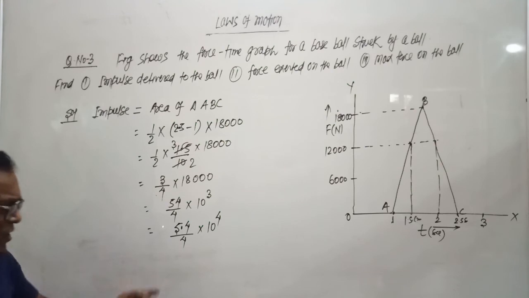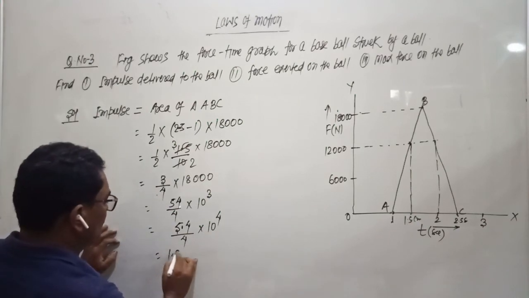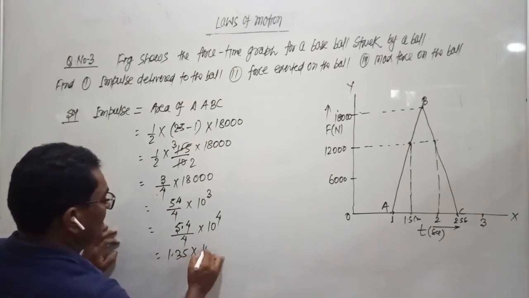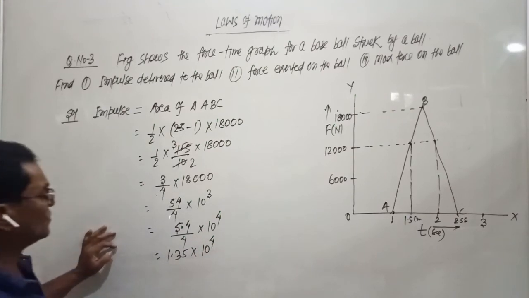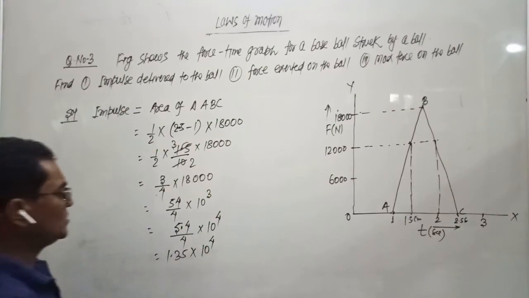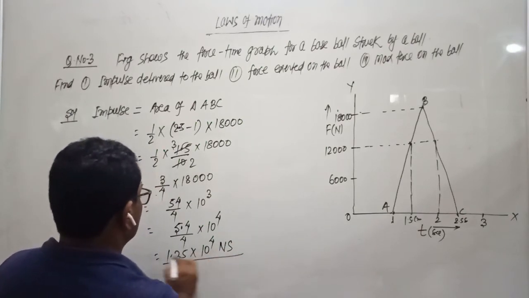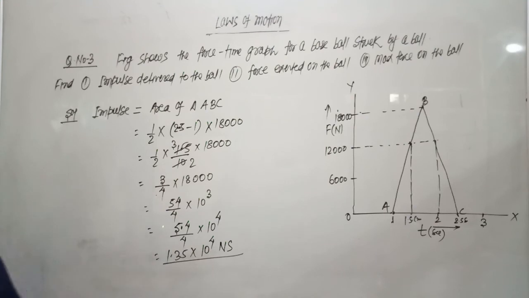Dividing 5.4 by 4 rounds off to 1.35 into 10 raised to the power 4. The unit of impulse is force into time, so Newton second. This is the value of impulse, equal to the area of the graph.